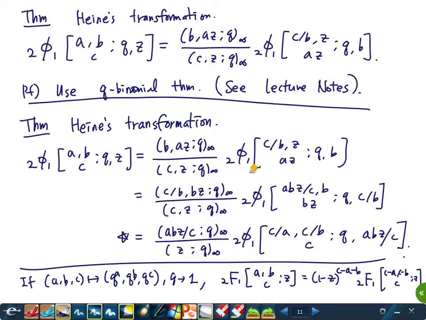Okay, now you will see some consequences of this transformation. When some of these are special, then we get really a summation formula. Okay, so some consequences. We let Z equal C over AB in Heine's transformation, then we get things like this.